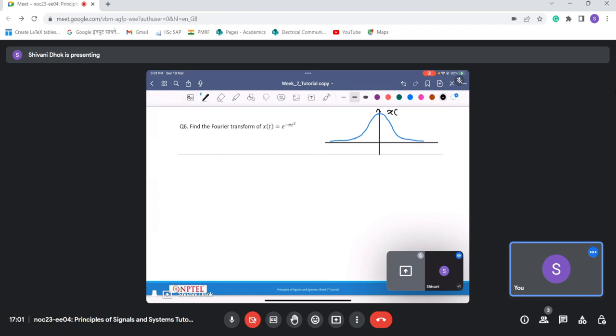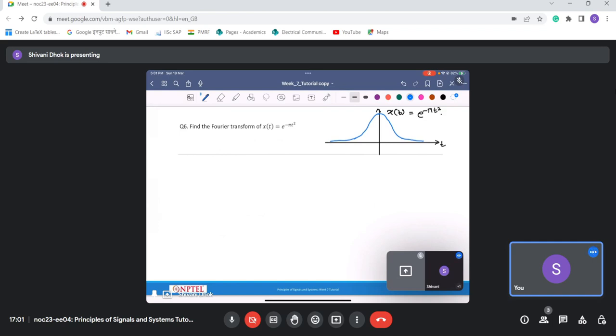This is x(t), this is t, and this x(t) is equal to e power minus pi t square. And we need to find the Fourier transform of this signal which is given here.